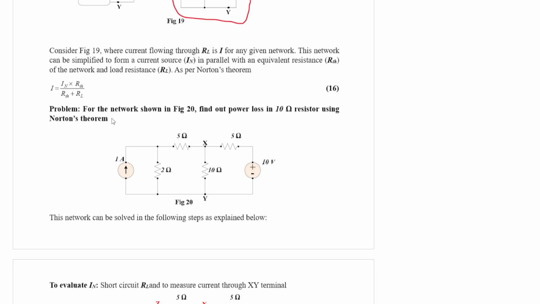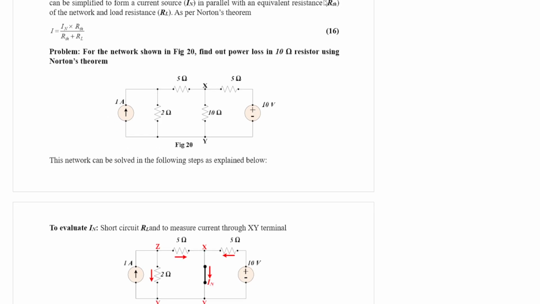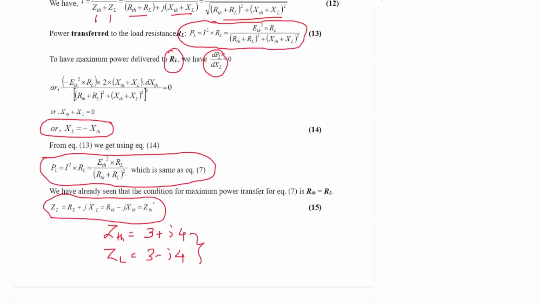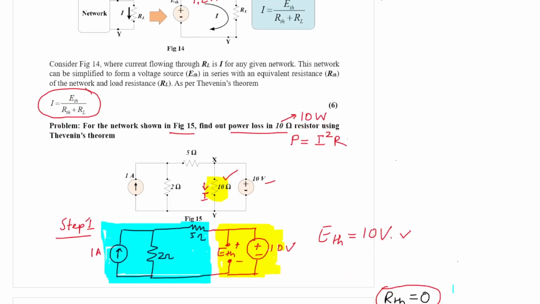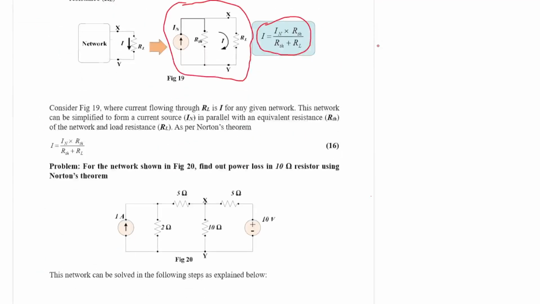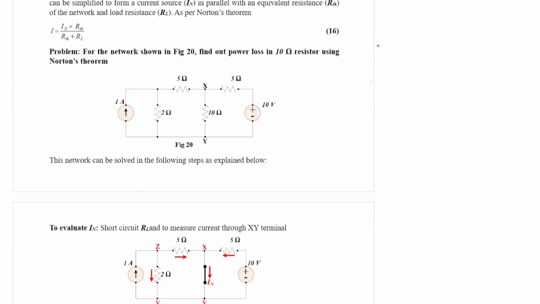So let us solve one problem on Norton's theorem. Let us consider figure 20, where you have to find out the power loss in the 10 ohm resistor. I hope it is the same as that seen in Thevenin's theorem. Not the same actually.